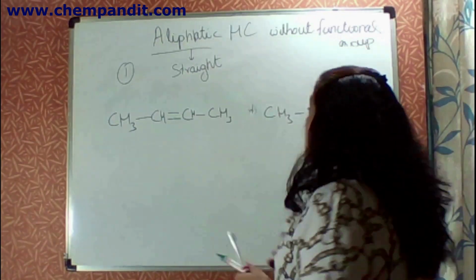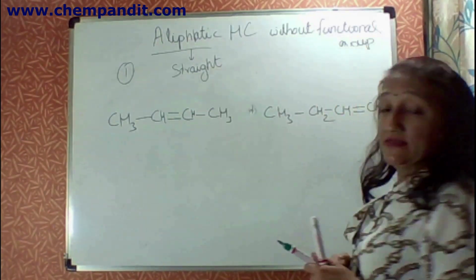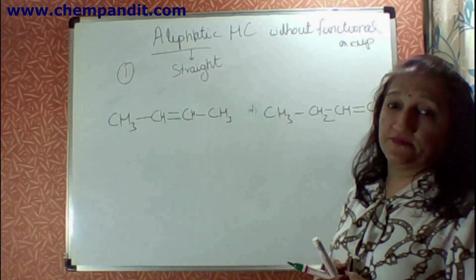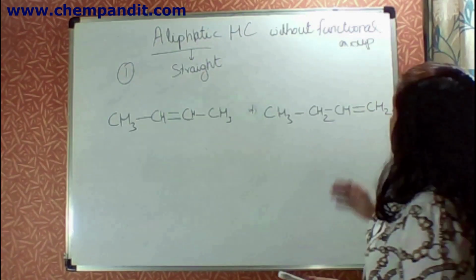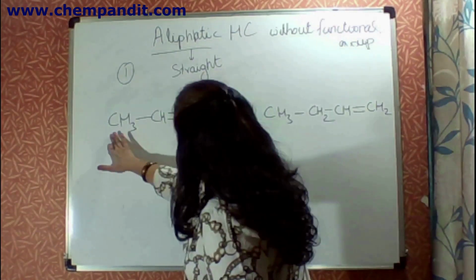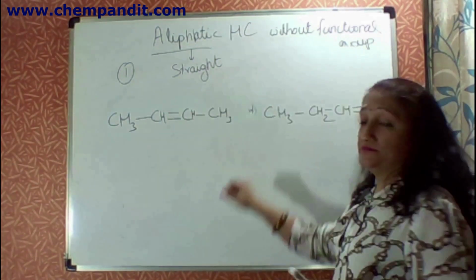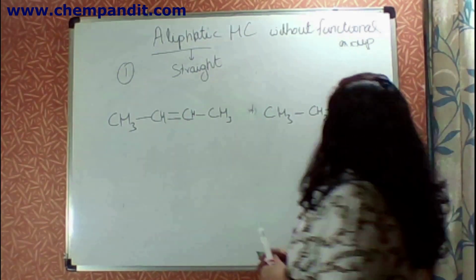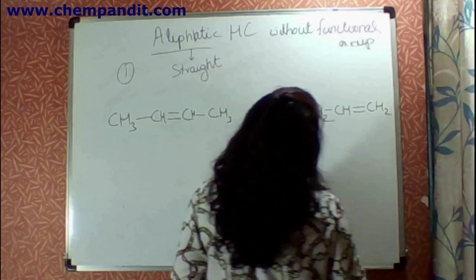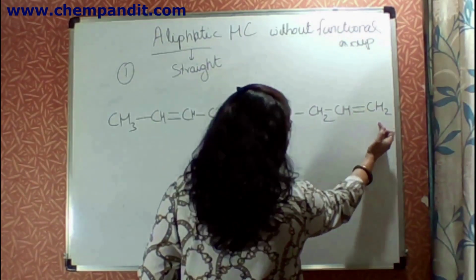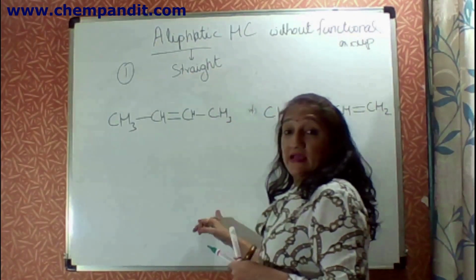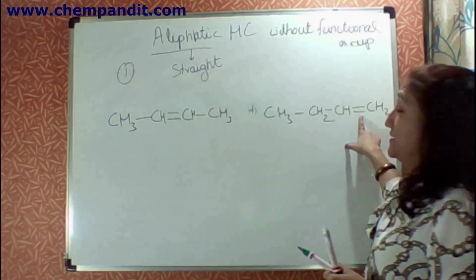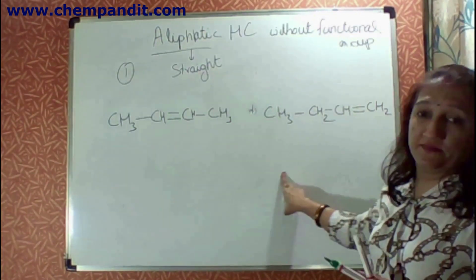Right? Now my question is, how will you start numbering the longest chain? Whether you will number it from left to right or right to left. So here comes another rule of naming, and the rule is the numbering should be done such that the double bond gets the lowest number.